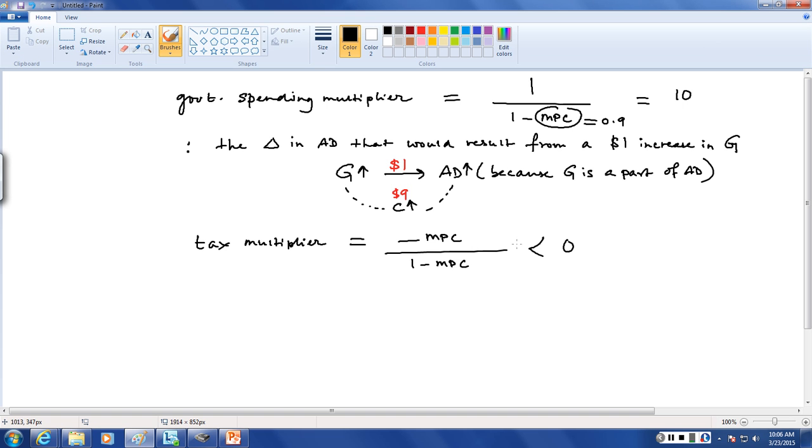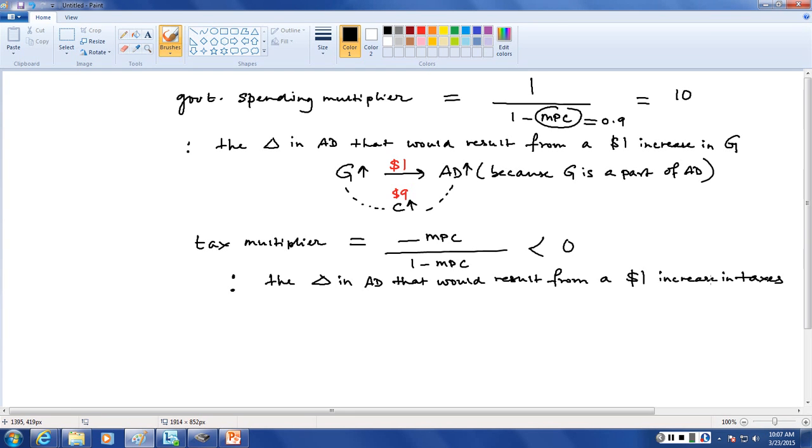It's a negative number, right? And what's the meaning of the tax multiplier? How would you define it in words? It's the change in aggregate demand that would result from a $1 increase in taxes.